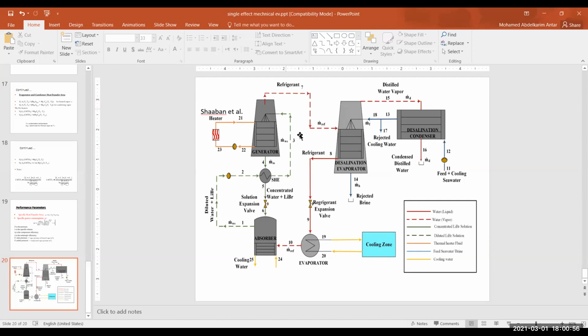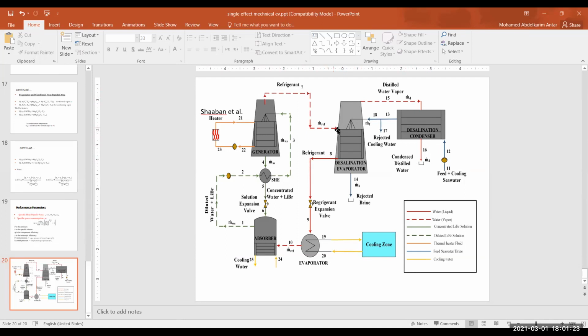You needed heating anyway for the cooling system. So you made use of that heat to generate vapor, but you did not throw the vapor away. You took the vapor to be the source of heat for the desalination unit. What does it do? It's going to take the seawater here, which is sprayed on the outside surface of the tubes. It will be heated to saturation temperature. Vapor will form. You take the vapor, you condense it, and then this is your product.